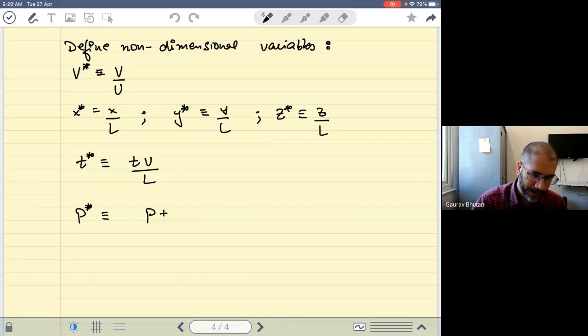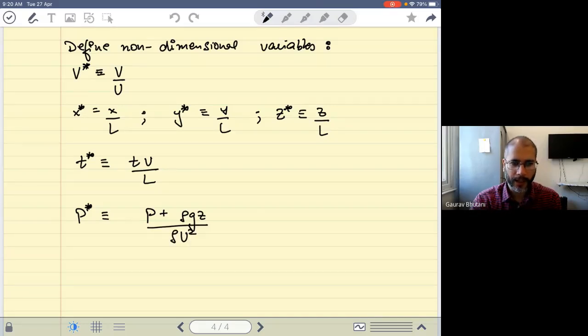Now, the definition of P star is not as intuitive as what we had for the others. In fact, it's only this term that is not intuitive. If we had simply divided P by rho u square, that is how you can non-dimensionalize pressure. You can use the ideas of dimensional homogeneity to obtain this rho u square.